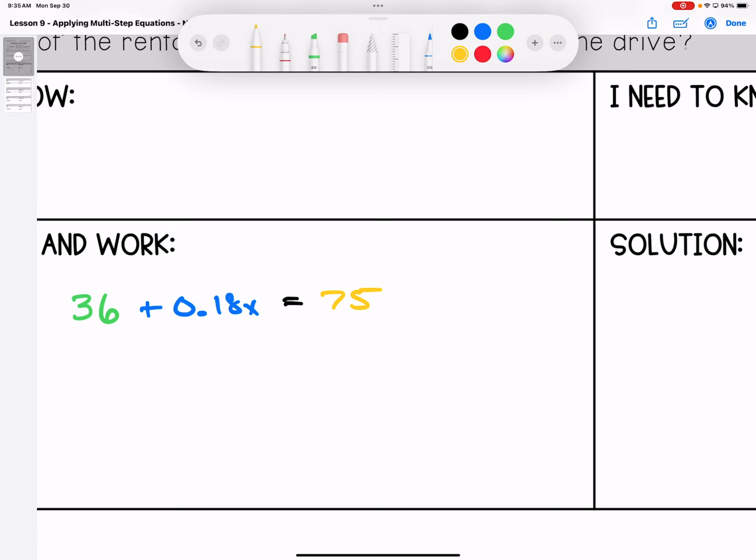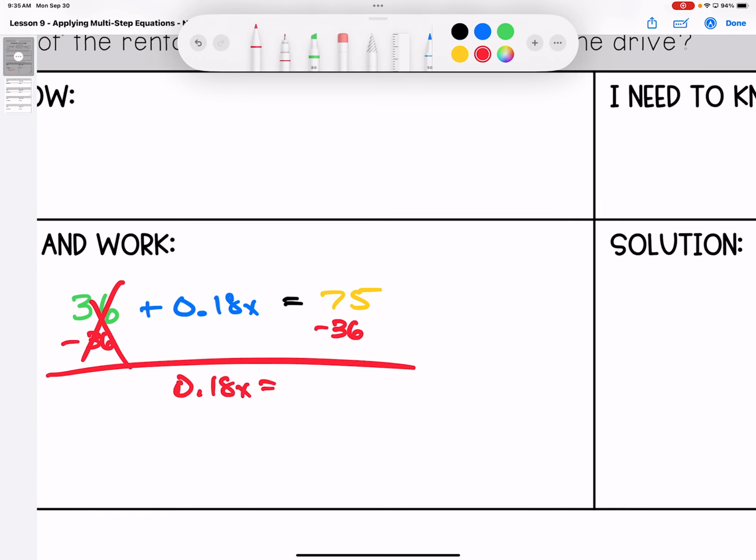And if you do that math, let's do it in red, minus 36. Why aren't we doing that first? Because we got to undo addition or subtraction first. Those go away. I'm left with 0.18x equals 39. And then I'm going to divide, because then I've got to get rid of the multiplication.